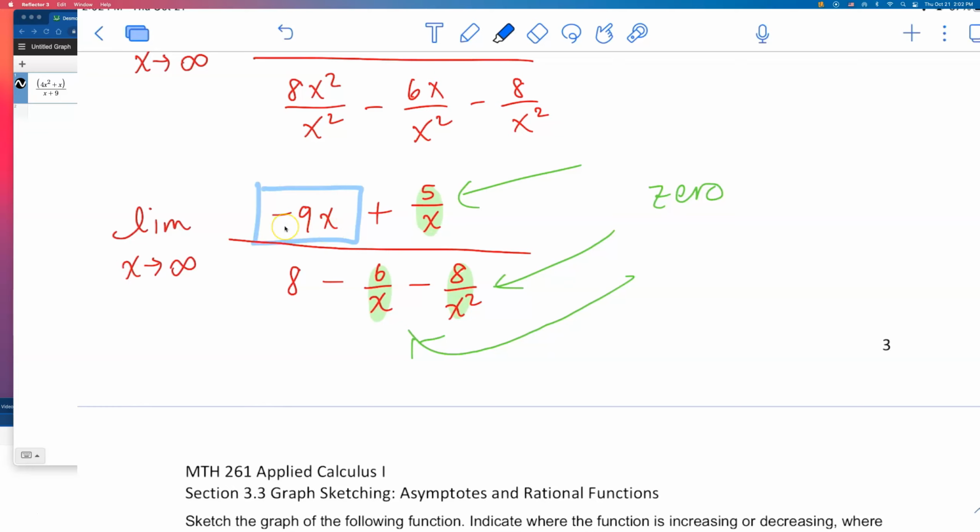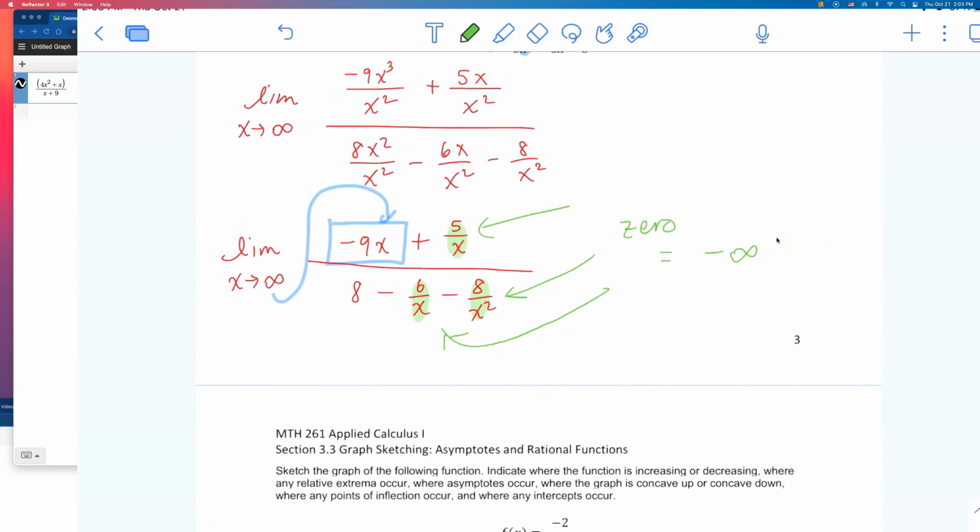So if you do negative 9 times 5,000, because you're going to have to plug in this infinity there, that's going to come out to be negative infinity again, because negative 9 times a really big number is a really, really big negative number.